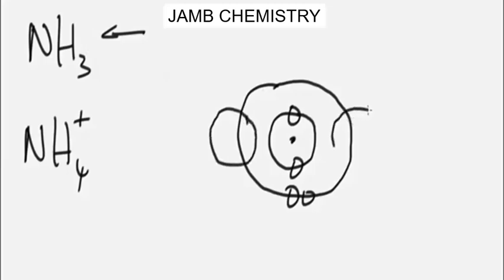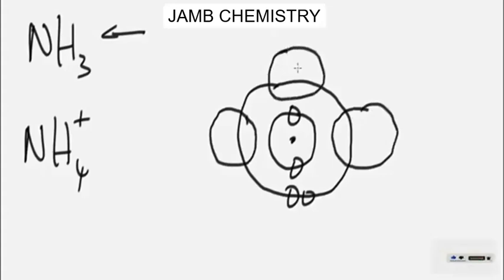So this is basically what's happening here, guys. I'm going to explain. This is a hydrogen atom, and this is the nucleus. As you all know, hydrogen has atomic number 1. So the hydrogen will donate its 1 electron here, and the nitrogen also donates its 1 electron here.